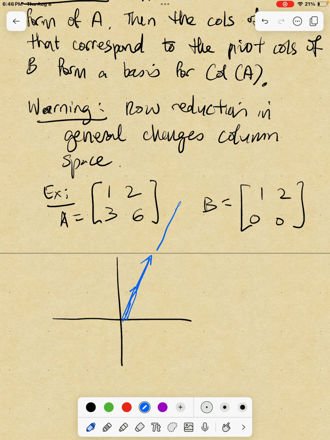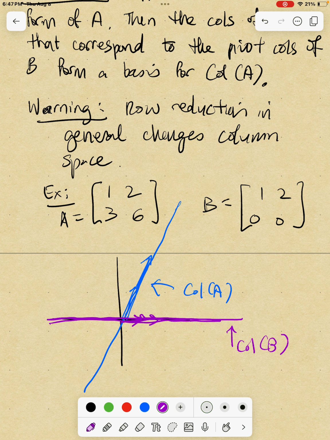That's the column space of A. However, for B, it's spanned by 1, 0 and 2, 0. So here's 1, 0, and here's 2, 0. The span of those vectors is this, so this is the column space of B. They are not the same. The column space of A is most definitely not equal to the column space of B.